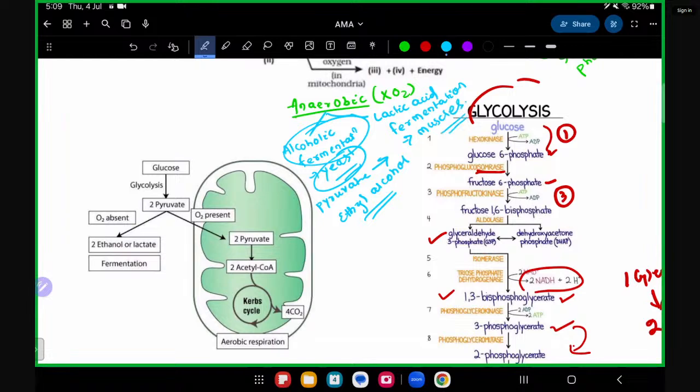When we do vigorous exercise, our muscles do not get enough oxygen. Then anaerobic respiration takes place in our muscles and lactic acid fermentation takes place. Due to lactic acid, we get muscle cramps.